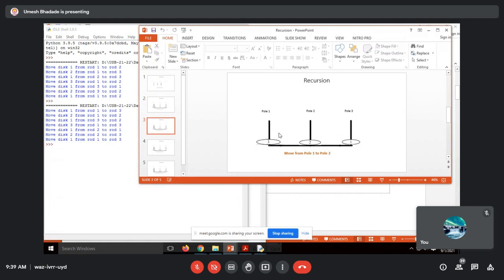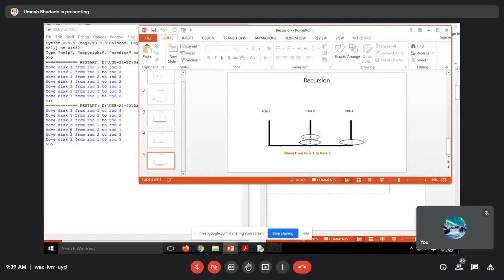Now I have moved that second diskette to 2. And then I am moving disk 1 from 3 to 2, and then I am moving diskette 3 from pole 1 to 3, right?